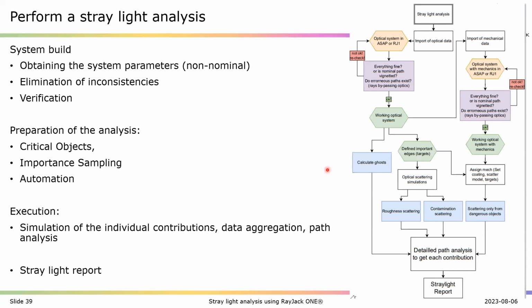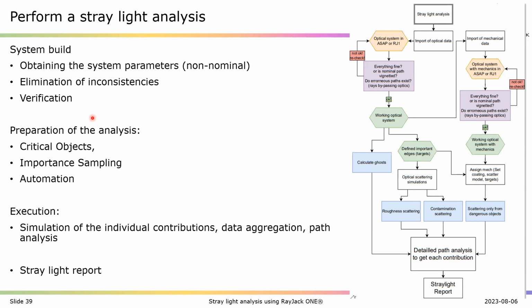Now, in practice, when you perform a Straylight analysis, you have to spend some time to build a system. The reason is you typically receive the lenses from a lens design software and the mechanical parts from a CAD model. Then you have to bring them together.